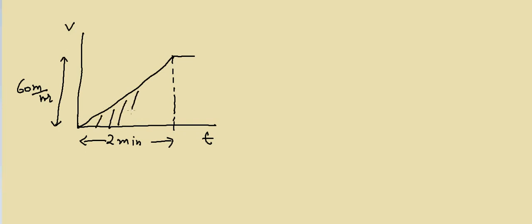Again, because we know that the distance will be equal to the area under the curve, we can calculate this by looking at the graph and can say, whoa, this is a triangle. So that is easy. The area will be equal to half into v into t, right?